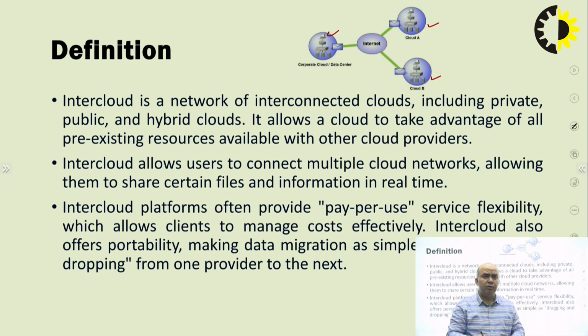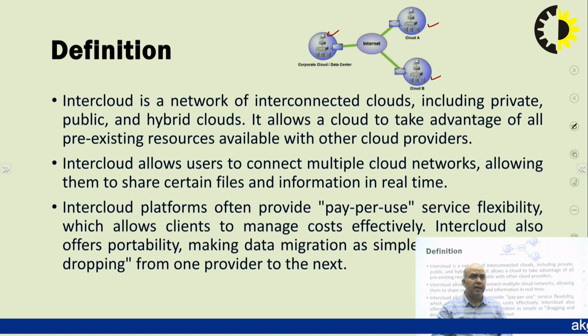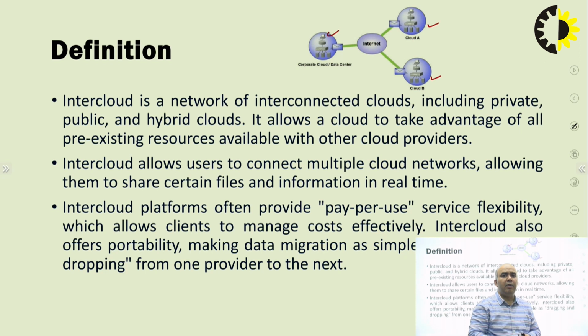We come to the conclusion that there are different cloud service providers, cloud A and cloud B, that can interact with each other. Depending upon the kind of services being provided, we can say it is an intercloud, multi cloud, or federated cloud. Moreover, they use private clouds, hybrid clouds, public clouds, and community clouds.